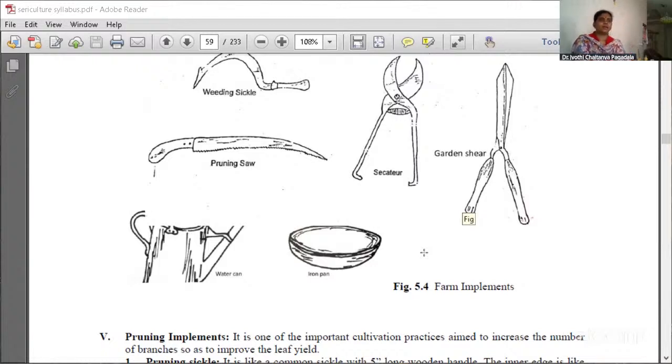If organic manure is not available, a green manure crop like sun hemp can be raised annually during the rainy season and incorporated in the soil to serve the same purpose. So mainly for mulberry cultivation, we need sun hemp.